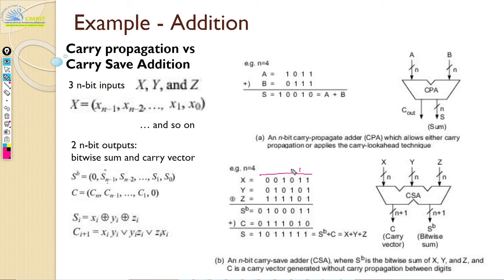If you omit the carry portion, you're dividing it into a sum portion and a carry portion. The sum portion is calculated by simply XORing the bits of x, y, z. What is XOR? XOR just counts odd or even. If it's odd, it gives you 1. If it's even, it gives you 0. That's all it is.